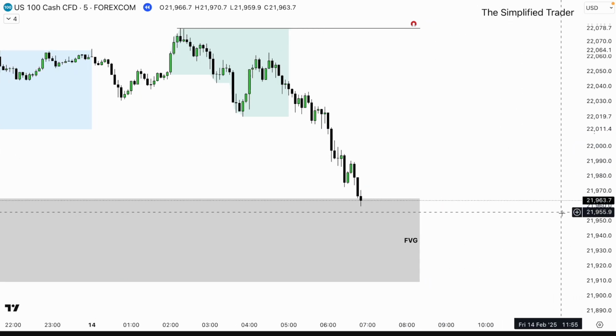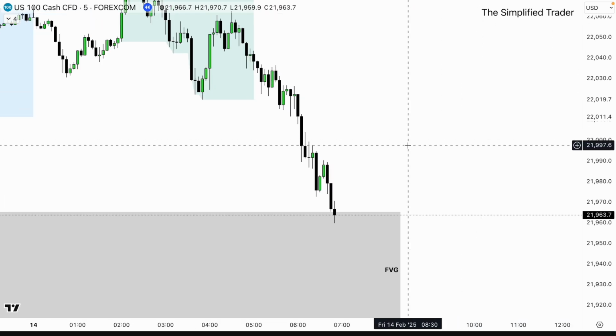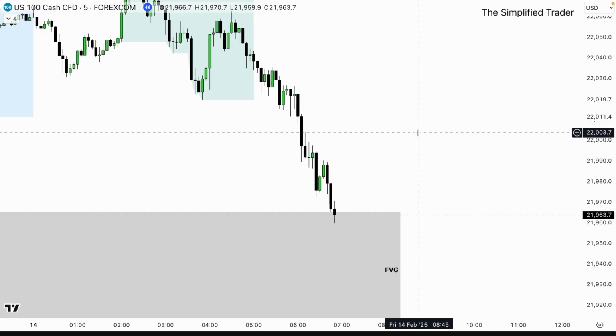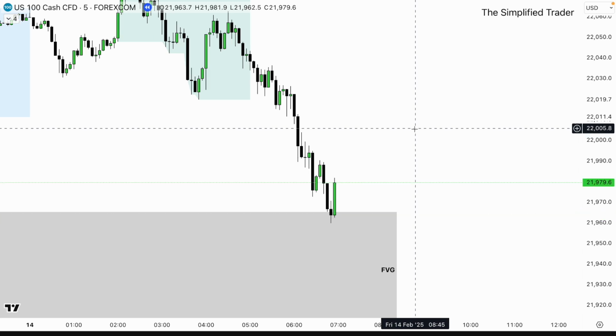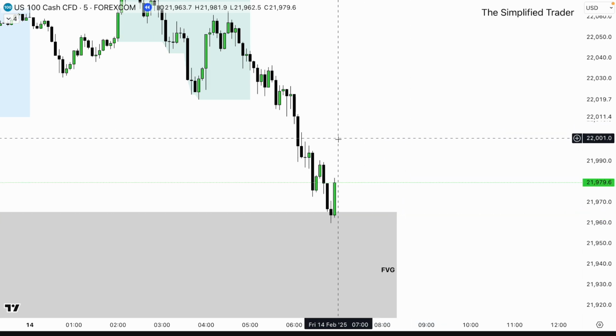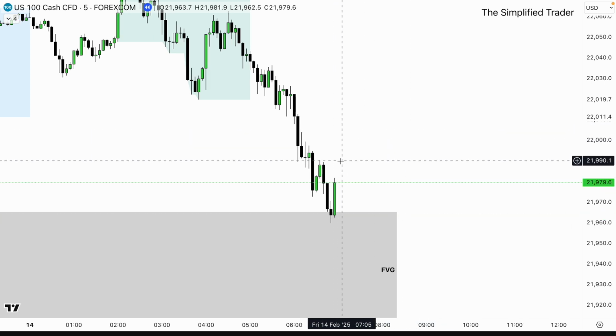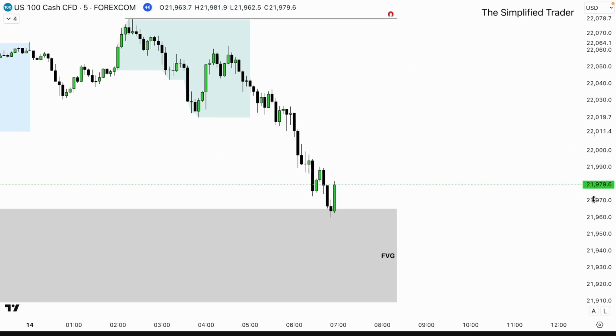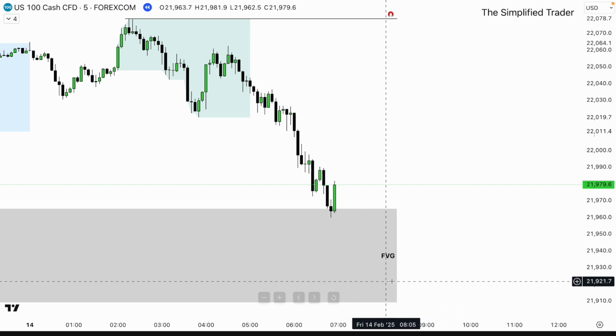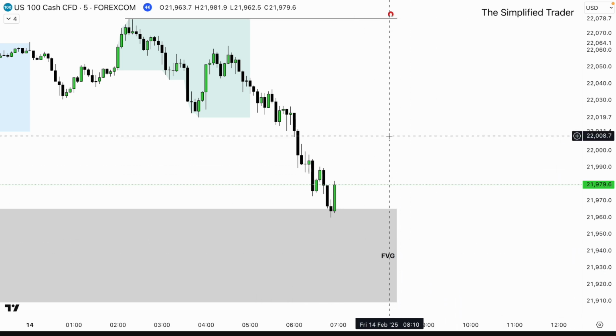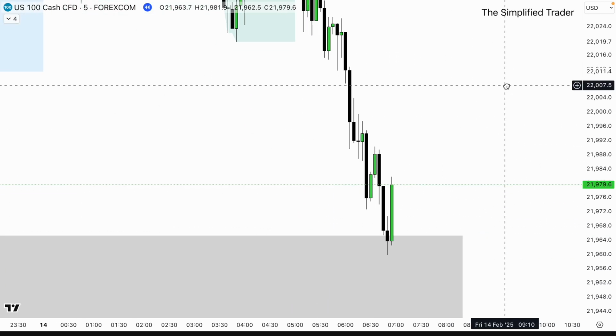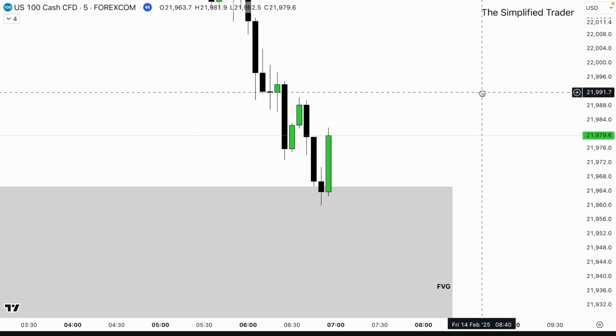Let's get back to the video. Now, what are we looking for in the lower time frame? First of all, we have to wait for the New York kill zone to open. New York kill zone opens 7 a.m., which is the next candle. So we will be in kill zone. Now, what are we waiting for? We have swept internal range liquidity, and we need that lower time frame change in the state of delivery.